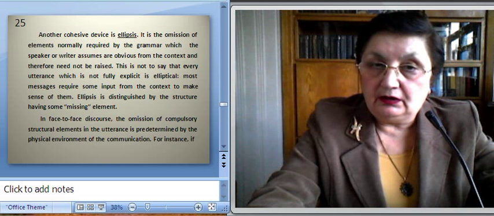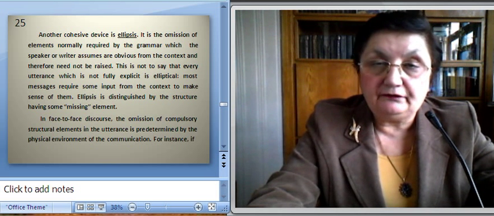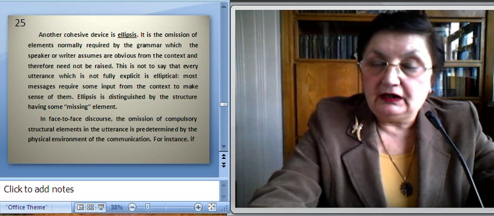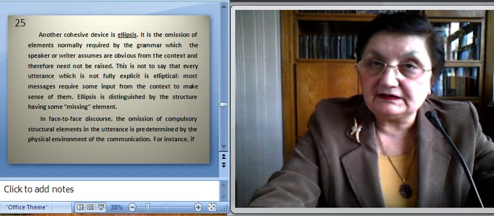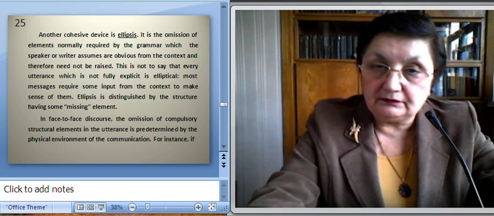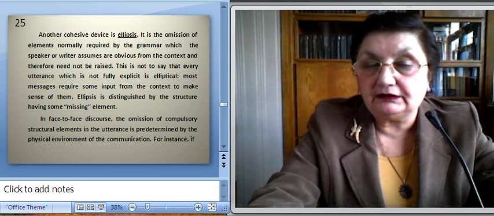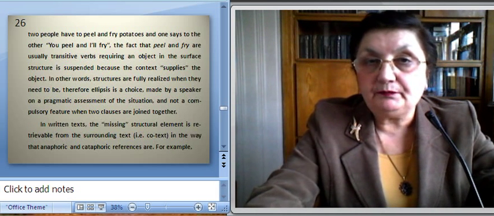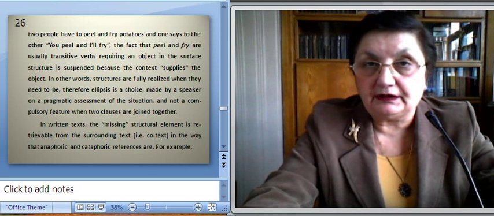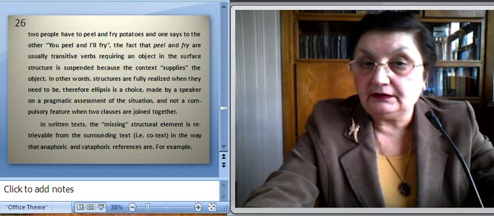For instance, if two persons have to peel and fry potatoes, and one tells the other, you peel and I'll fry, the fact that peel and fry are usually transitive verbs requiring the object in the surface structure is suspended because the context supplies the object. In other words, structures are fully realized when they need to be.